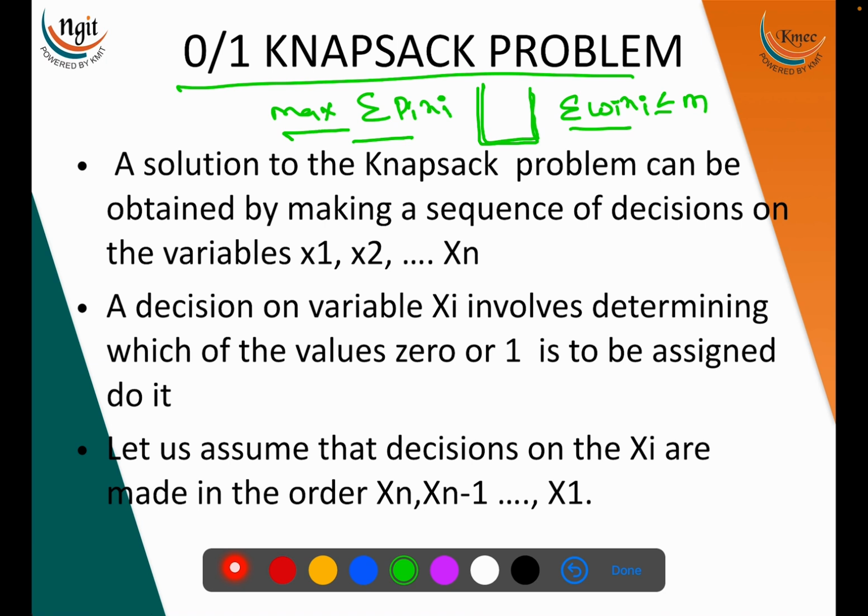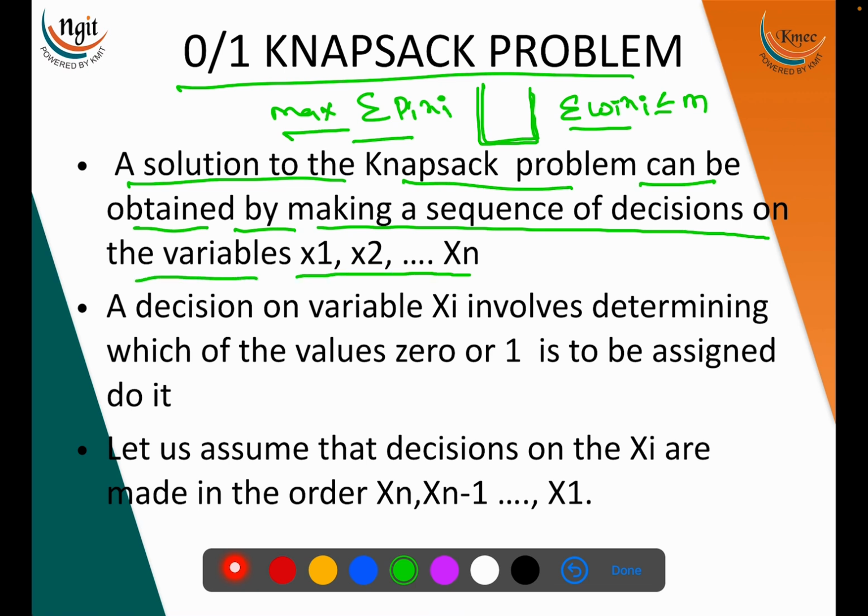A solution to the knapsack problem can be obtained by making a sequence of decisions on the variables x1, x2, up to xn. These are the items I want to place in the knapsack, or in the container. As far as the dynamic programming approach is concerned, we take a sequence of decisions.